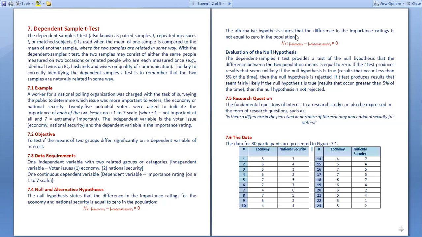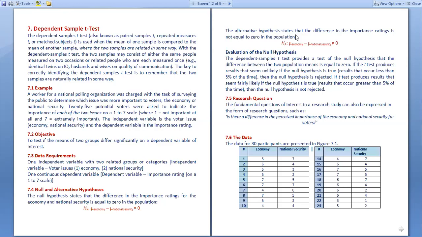Here we are talking about the polling and two issues of importance, economy and national security, and we are trying to figure out: is there a significant difference in voters' ratings for economy and national security as variables of importance?